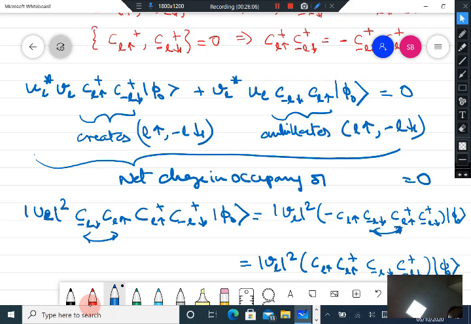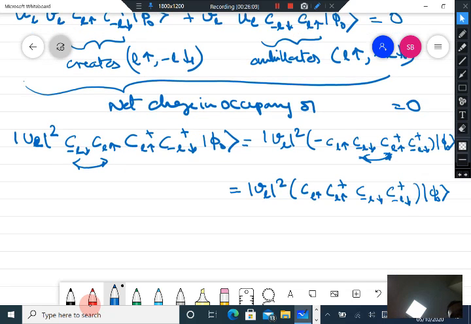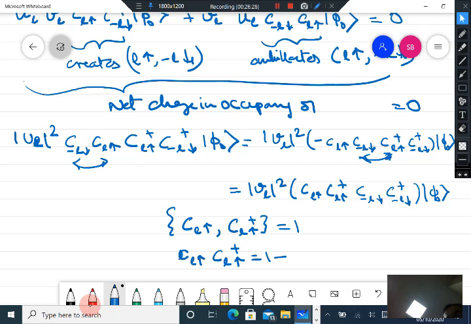Now if you recall the anti-commutation rule, CL up CL up dagger is equal to 1 minus CL up dagger CL up, just using the anti-commutation rules. And now you can use it in this expression.